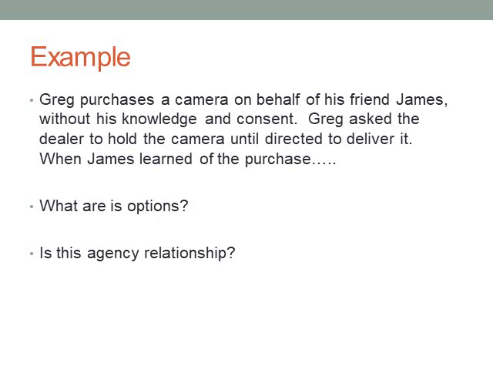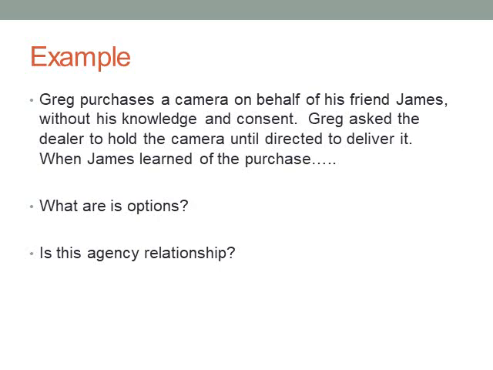James can cancel the purchase, or he can notify the dealer and say, hey, send the camera immediately. If he does the second option, he notifies the dealer and sends the camera immediately, can he get out of the purchase? No, he can't, because he ratified it.